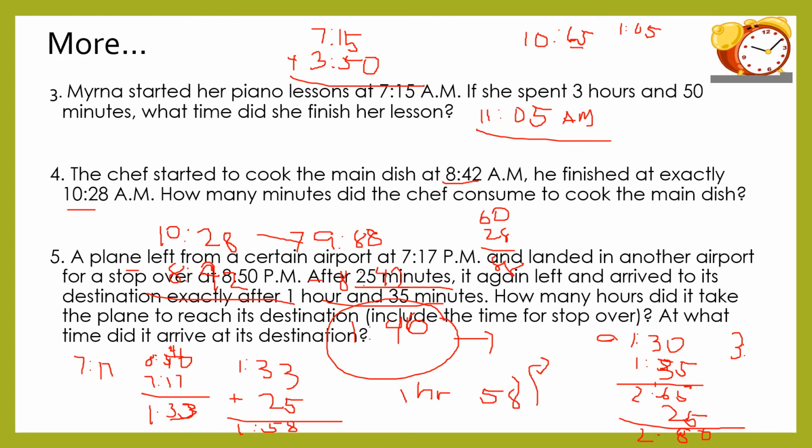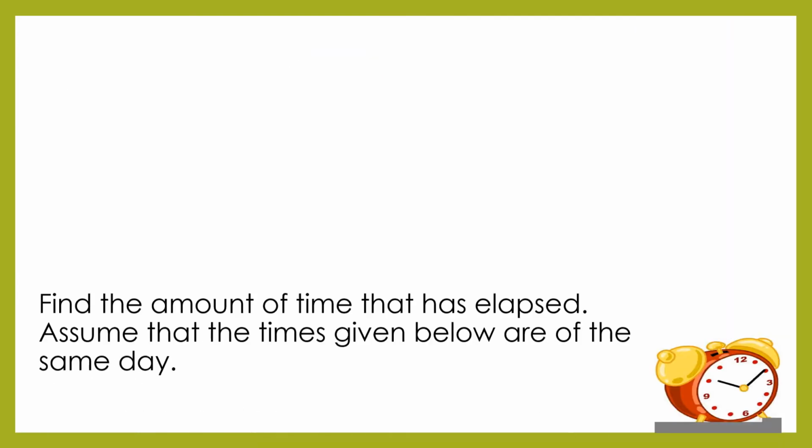So 3 hours and 20 minutes. So that means 8:50, 9:15, 10:15. So probably the plane landed at its destination at around 10:15 in the morning, or more or less. Okay, that's your plane destination.